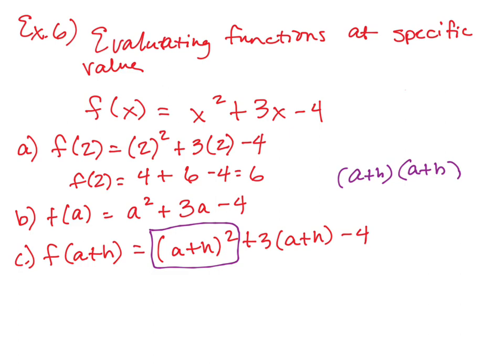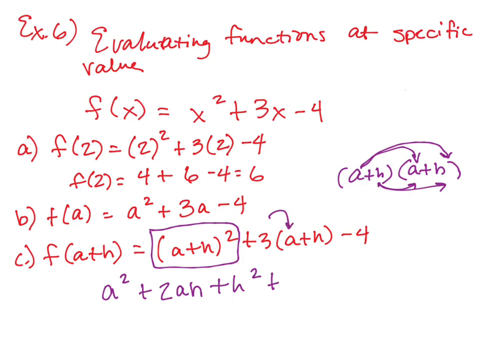In which case I would have a squared plus, so that's a times a, and then a times h and a times h. I'm going to get two of those, 2ah, and then on the end, plus h squared, plus 3a, plus 3h, minus 4. This would be the expanded version of f of a plus h.